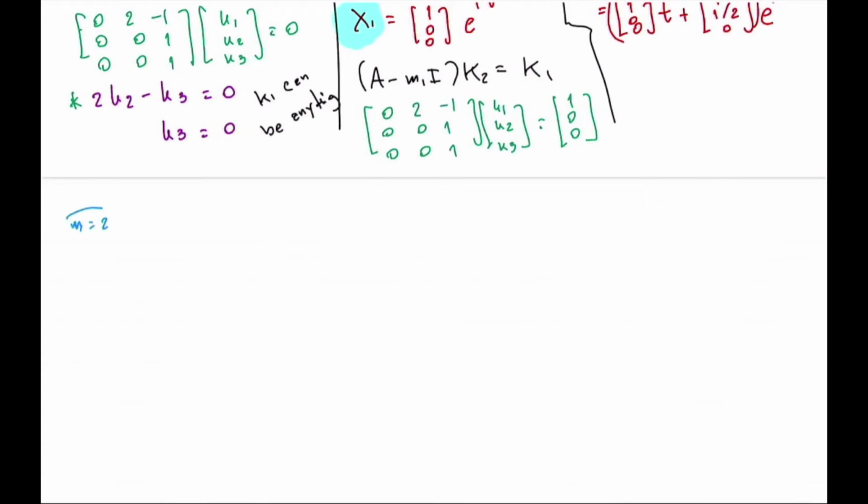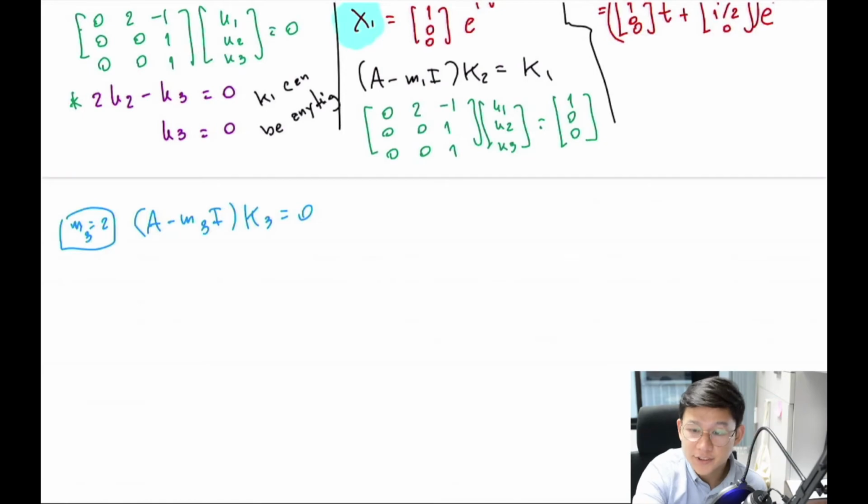Let's call this m3. This is back to the case when we have distinct roots, right? Because the value of m, which is 2 right now, is not repeated.